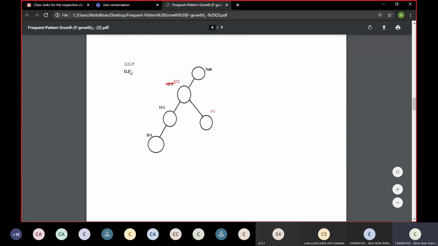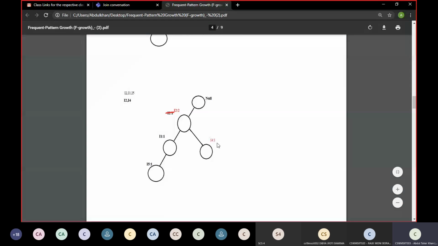We already have I2 from null, so we will increase its count to 2. But we do not have I4 under I2, so we construct a new node. We can create it on either the left hand side or the right hand side. I4's initial count will be 1.